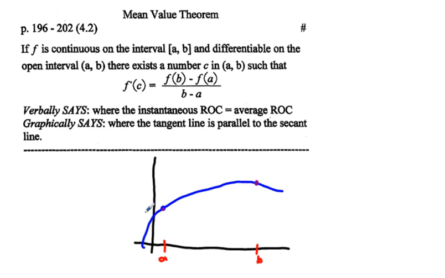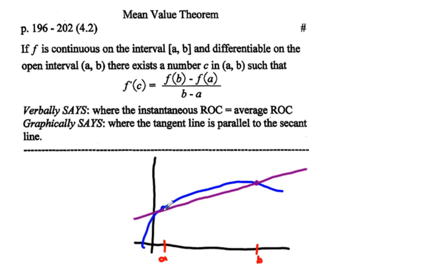And so what this is saying is that this f of b minus f of a over b minus a is the slope of the secant line. I'm trying to draw a more or less straight secant line. That's pretty good.